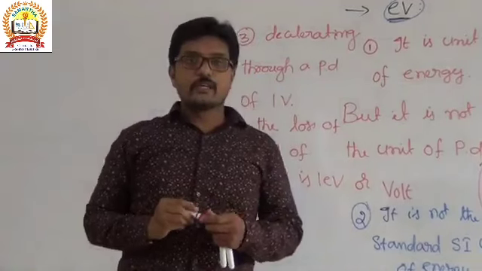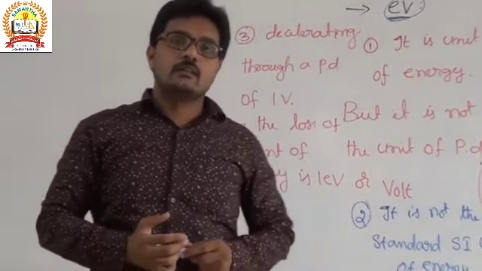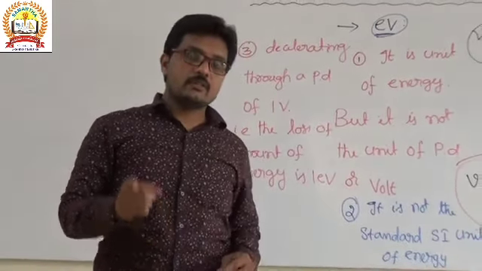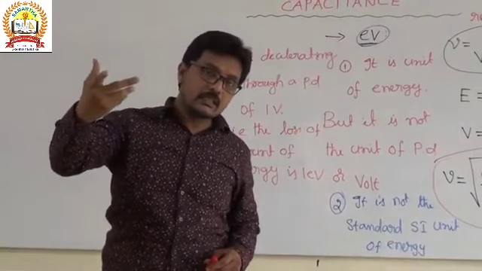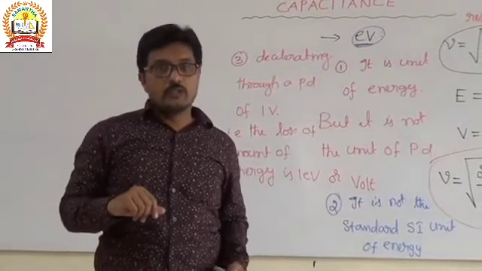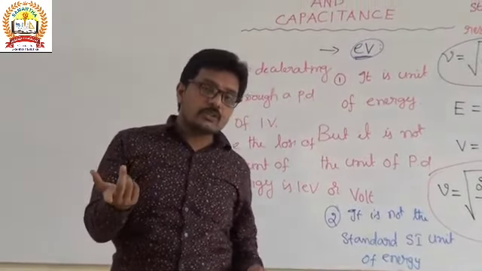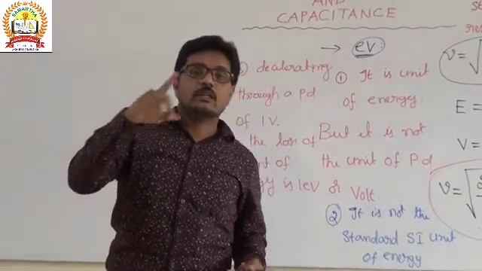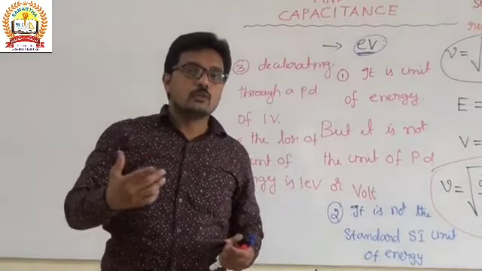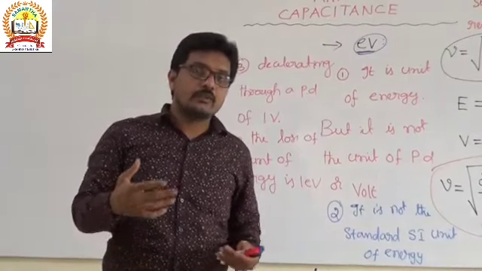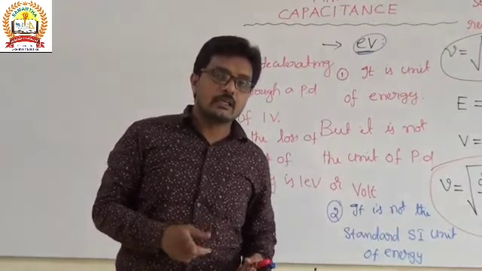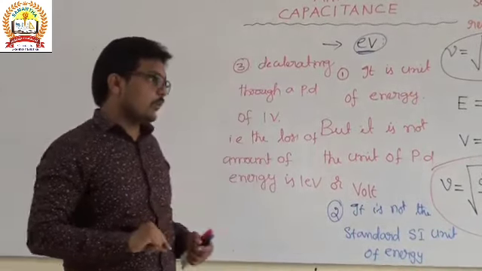When it is accelerating through a potential difference of 1 volt, it gains energy of 1 electron volt. If it is decelerating through a potential difference of 1 volt, then it loses some amount of energy. That amount of energy lost by the electron is 1 electron volt.